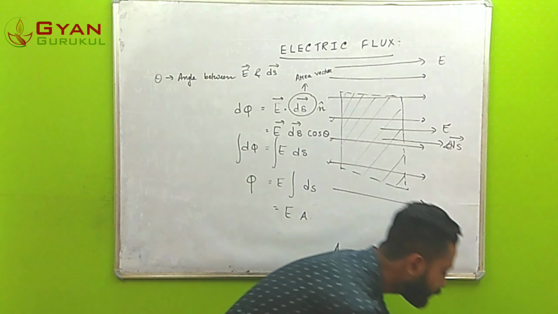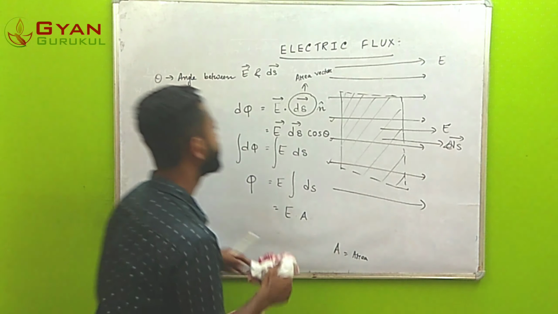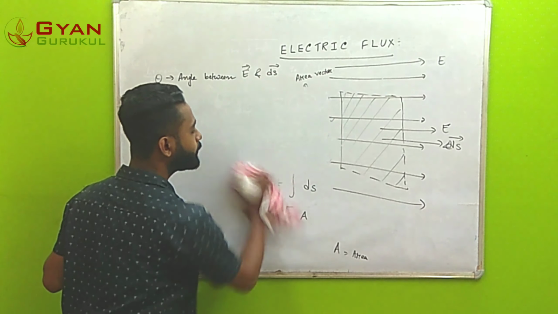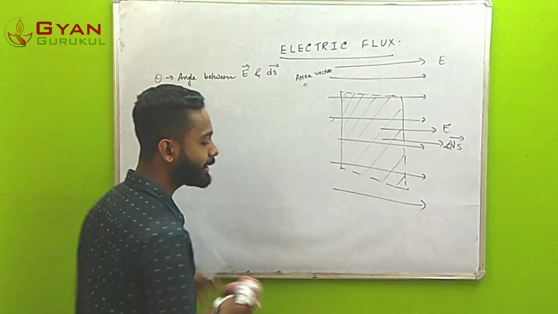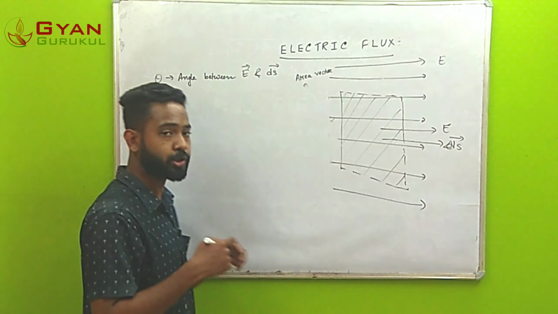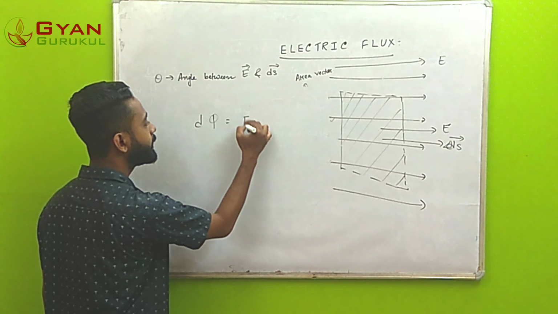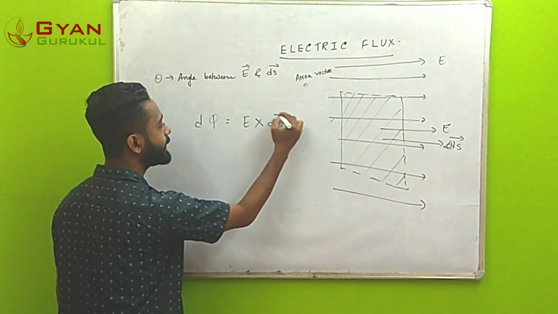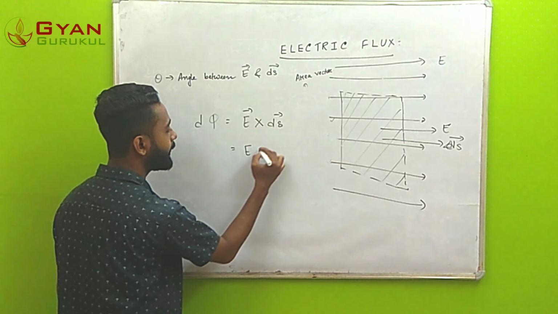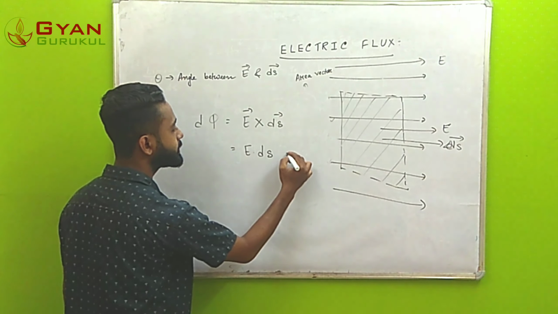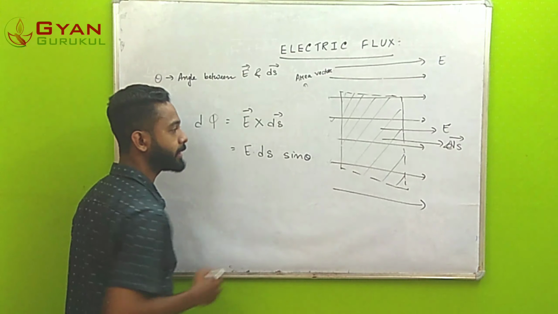So in place of the dot product, if I try using a cross product, then the flux would be given by E cross delta S, and that would be given by E delta S sine of theta.